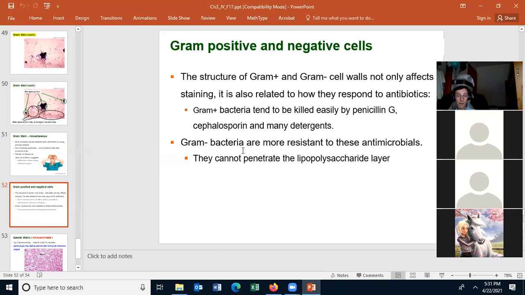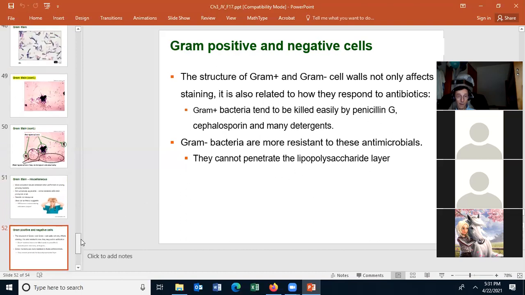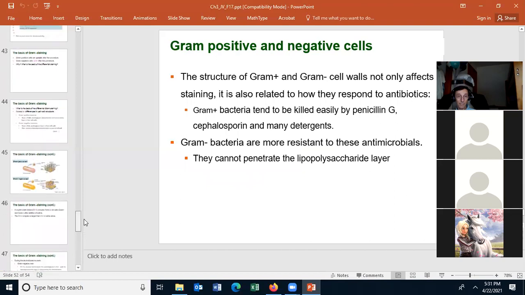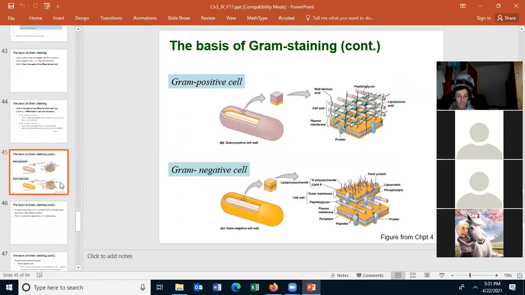The gram-negative bacteria are, on the other hand, more resistant to these antimicrobials, like penicillin G and cephalosporin and some detergents, and that's because they cannot penetrate the lipopolysaccharide layer that we call the outer membrane of the gram-negative cell.